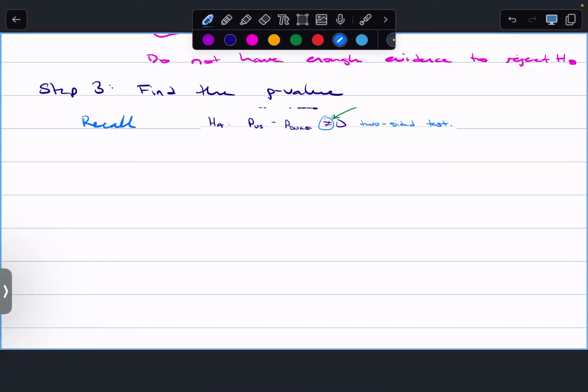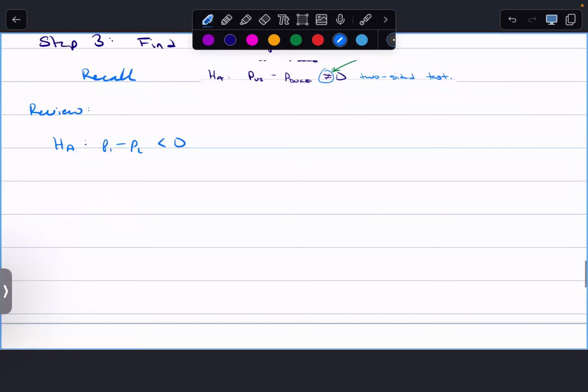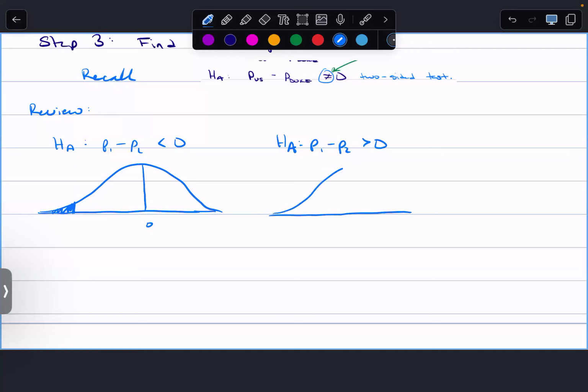Just as a quick review, what are the possibilities? You could have an alternative that P1 minus P2 is less than 0. Then you better hope that your observed difference is somewhere down here. Then this would be your p-value. Or you could have P1 minus P2 greater than 0. Same deal, but then you are interested in the upper tail.